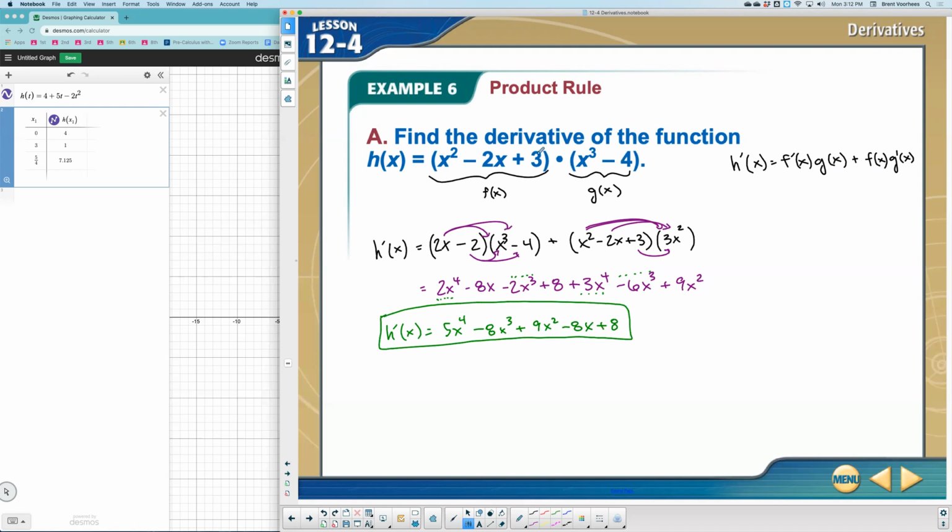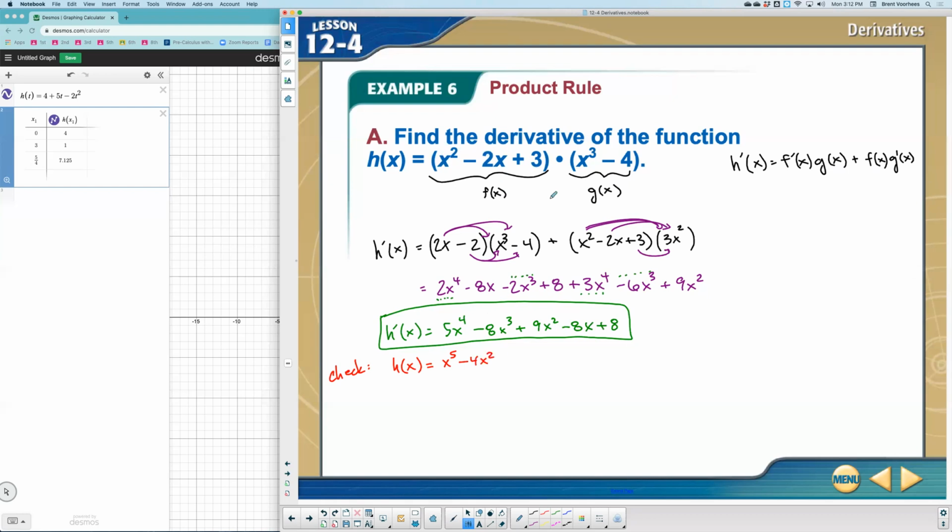Okay, so could I have distributed and still got the same answer? Let's check that and see. So I could have written h of x as being equal to, if we distribute this, 8x squared times x cubed is x to the 5th. So x to the 5th minus 4x squared.